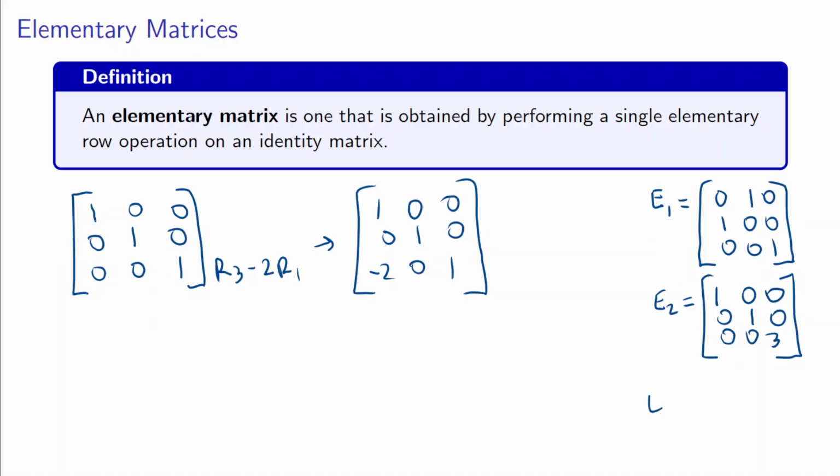So maybe we'll call that E3. So just a few examples of these elementary matrices. These are going to be important for the proof of that proposition, so I wanted to introduce them here. We will also see these in other parts of the course. So we'll keep this concept in mind.